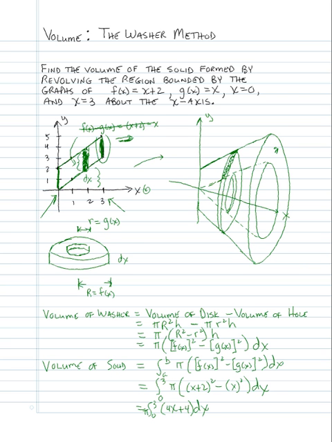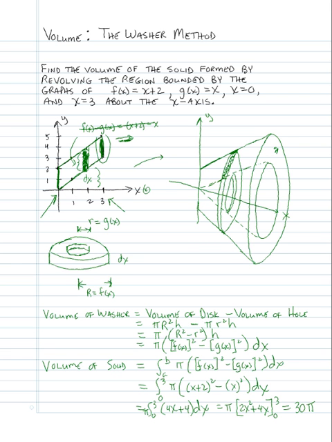So we're going to integrate here. We'll, of course, have the pi. When we integrate 4x, we'll have 2x squared, and when we integrate 4, we'll have 4x. We'll evaluate that from 0 to 3, and the result that we'll get, which you can verify, is 30 pi. And of course, that's cubic units.